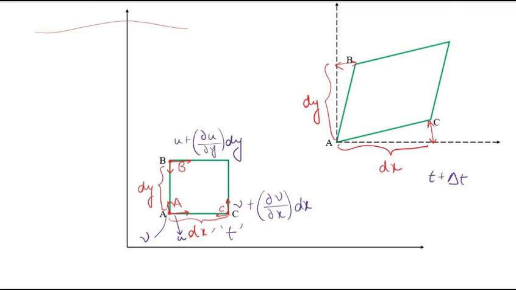The thing to be noted over here is that during this time increment of delta t, the sides AB and AC have rotated through some angles. Let us consider that as delta theta 1, and this would be our delta theta 2. I'll put it here so that it will be a little clear. This is minus delta theta 1.